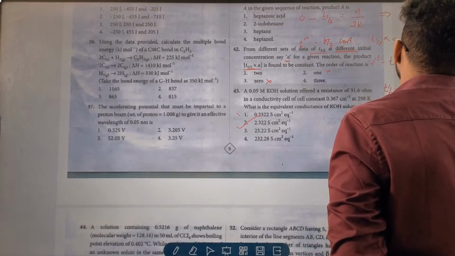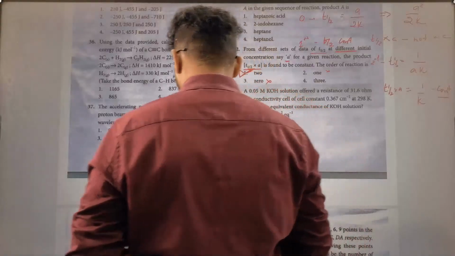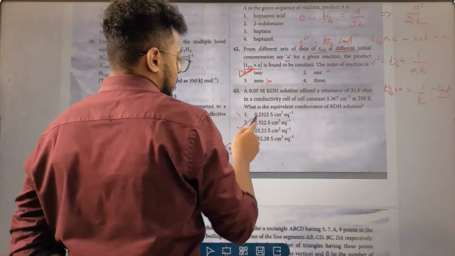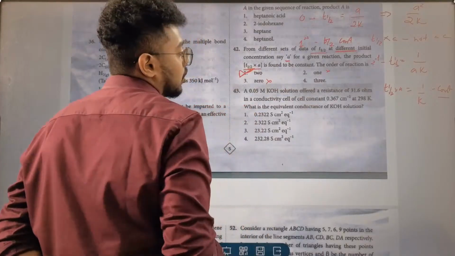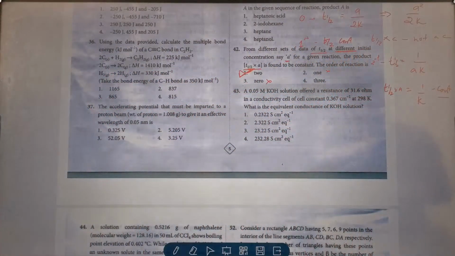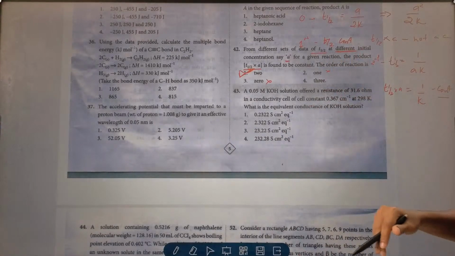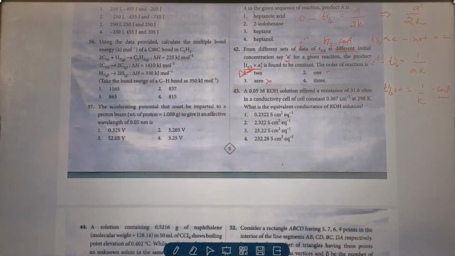That is a constant. So it is a second order reaction, because the general formula is 1 by a into k for t half. Next, 1 by k is a constant. So now the right answer for the 42nd question is option 1.